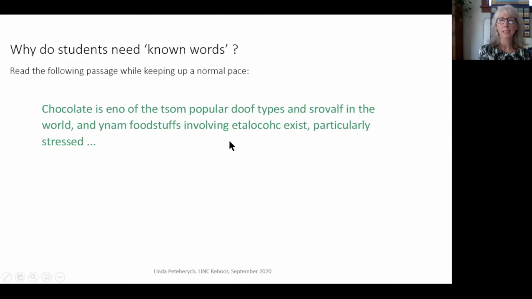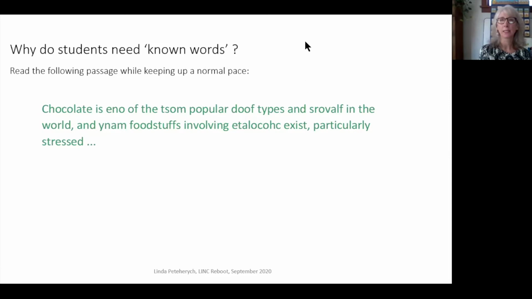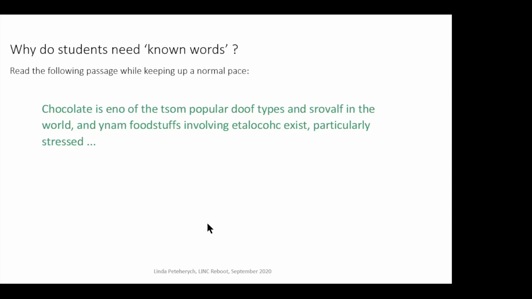Okay, so you should have been able to finish reading that already if you were reading it at a normal pace, but some of those words were mixed up. And so did those mixed up words affect your ability to read? Did it affect the pace of your reading? And did it affect the comprehension? So just a yes or no. Did those mix-up words affect your reading pace and your comprehension?